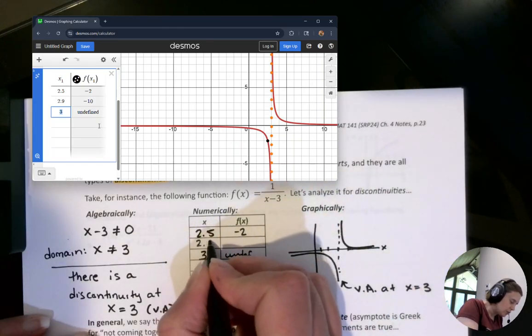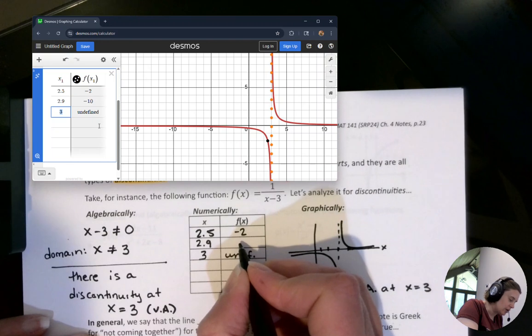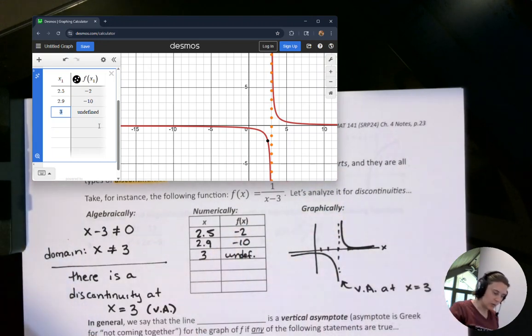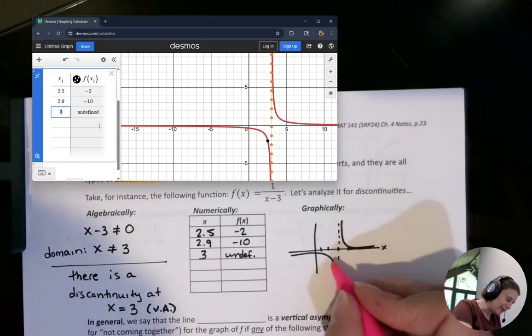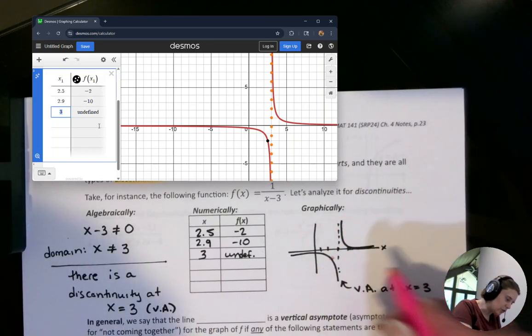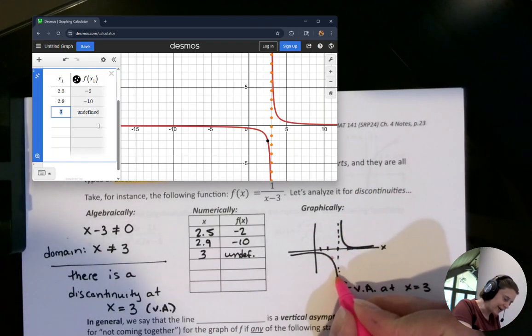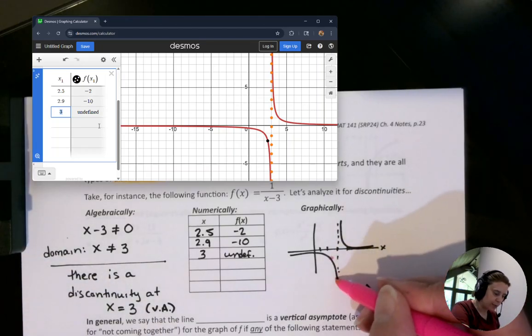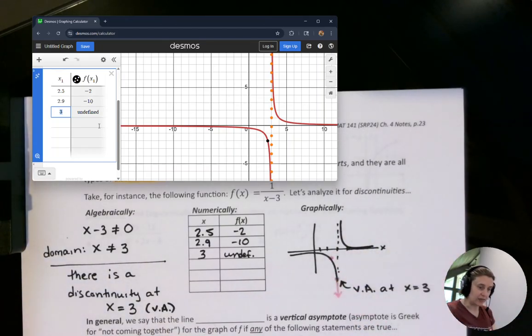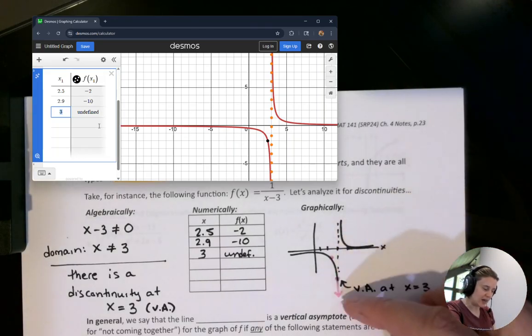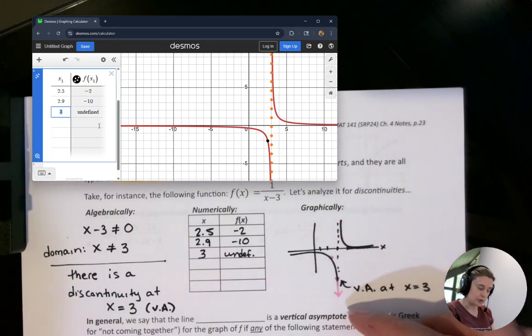And for 2.9, the output value is -10. So what we're seeing from these values is that at 2.5, we are at -2. At 2.9, we're at -10. So we're approaching that idea that this graph is going to get very large in the negative direction the closer it gets to 3. And so we're seeing that idea of that vertical asymptote coming out.